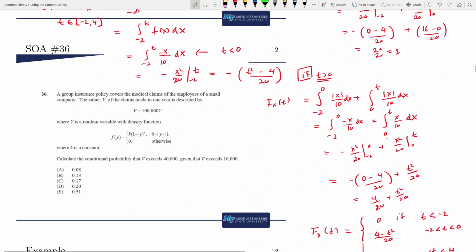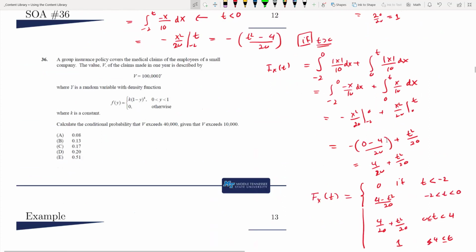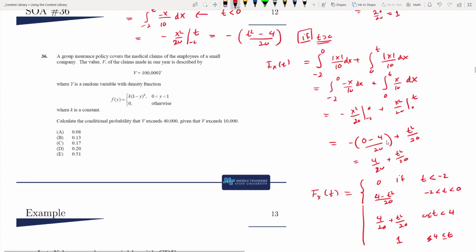So here's another example from a set of SOA problems. In this case, you can see the value V of a claim made in 1 year is described by this formula, where Y is a random variable with a given density. And we want to calculate the conditional probability of V exceeding 40,000 given that V exceeds 10,000.